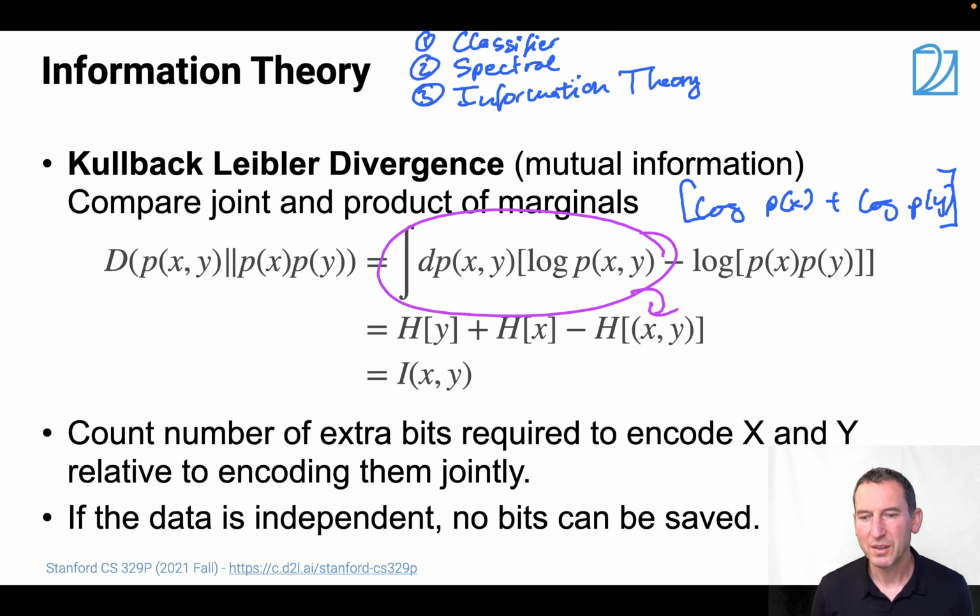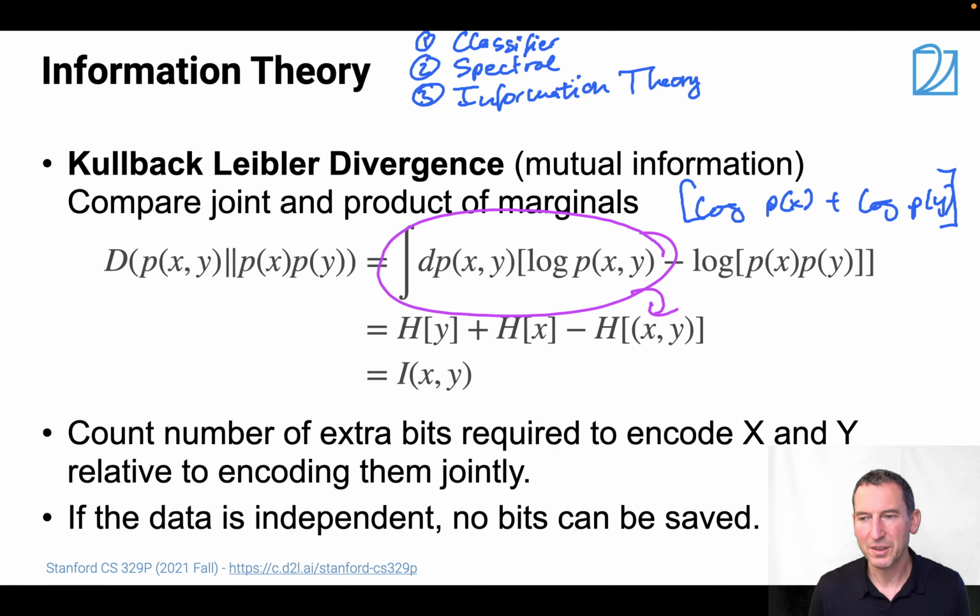Okay, now the other thing, so if you recall, the Kullback-Leibler divergence also measures the extra amount in nats. Okay, it's not bits, it's nats, so it's not binary code, but it's basically code based on e. How many nats there are extra if I use the product of the marginals to encode the joint, or in this case, the joint relative to the marginals.